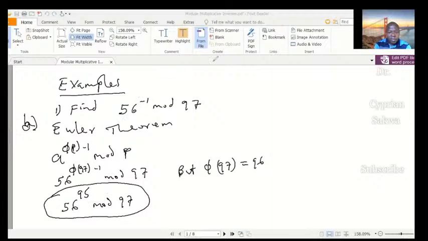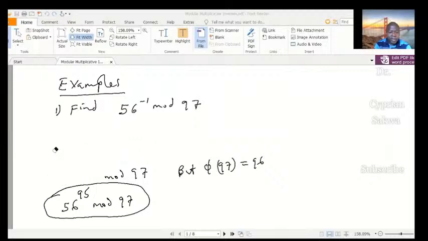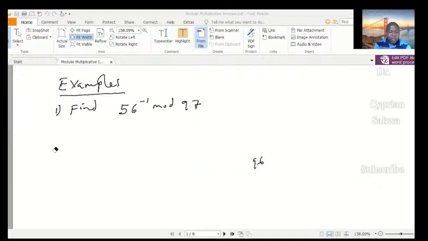Now let's use the last method, which is the extended Euclid's algorithm, to find the inverse. And as I said earlier, the extended Euclid's algorithm will be used for any of the questions to find the inverse. But for Fermat's little theorem, you must check that p is prime and that p is relatively prime to a.